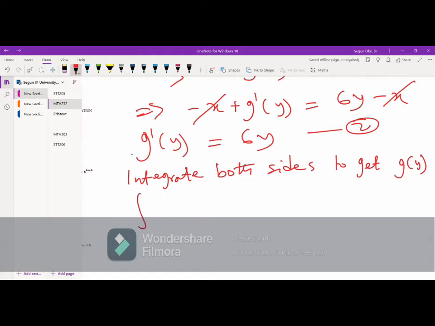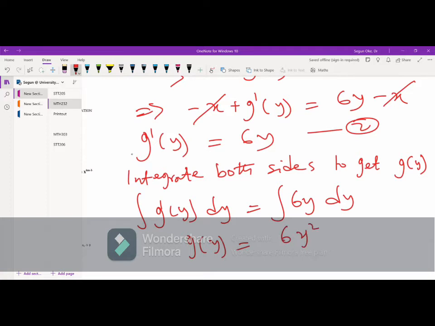So we have the integral of g prime of y dy equals the integral of 6y dy. When you integrate this side, you have g of y equals, when you integrate this one, 6y squared over 2.